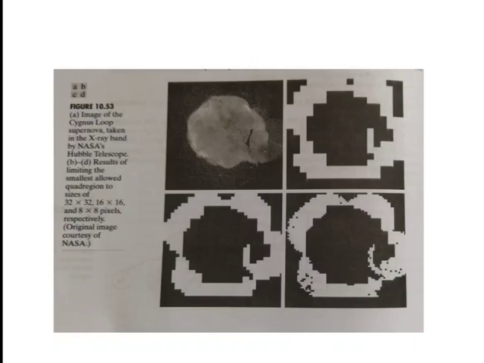Figure A shows a 560 by 560 X-ray band image of the Cygnus Loop. The objective of this example is to segment out of the image the ring of less dense matter surrounding the dense center. The region of interest has some obvious characteristics that should help in its segmentation.